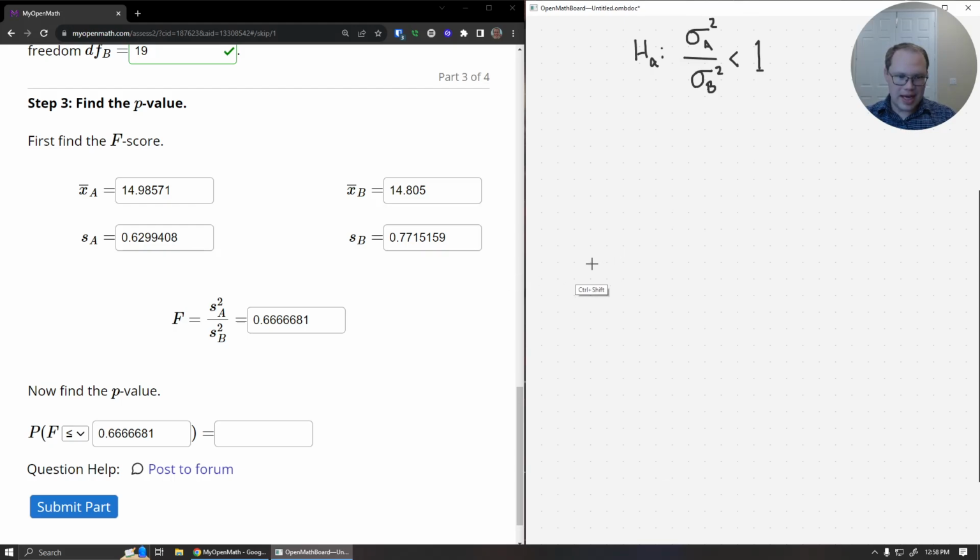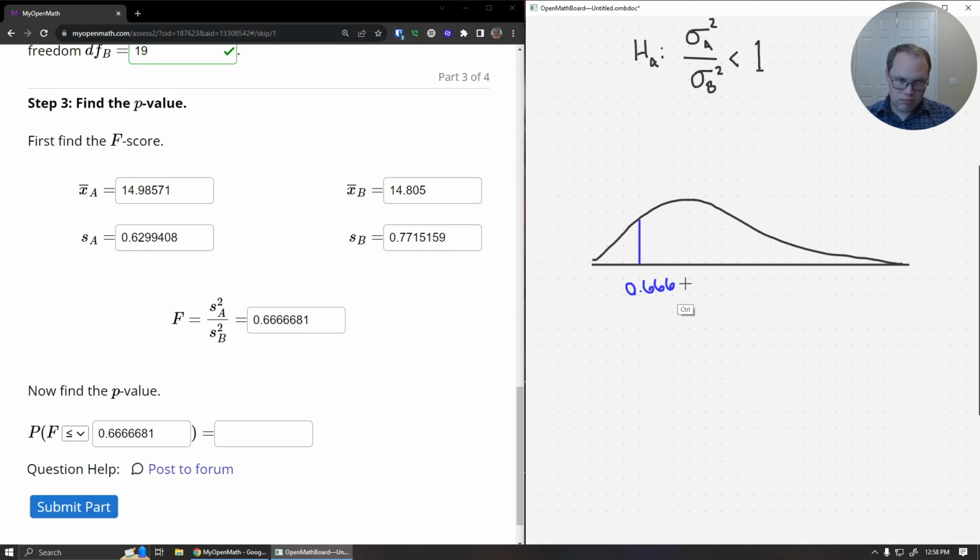So if I kind of drew this out, I have some kind of F distribution going on here. Maybe it looks something like that. Okay, that'll do. And 0.66666681, I don't know, let's say that's over here somewhere. Okay, and I want the probability that a randomly chosen F value would be less than that, so left tail.